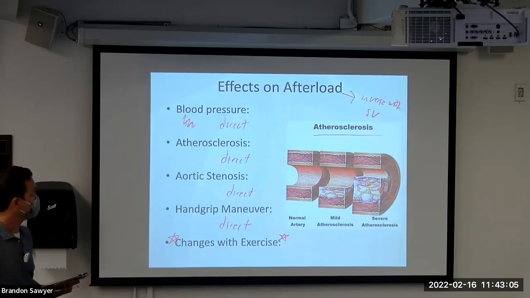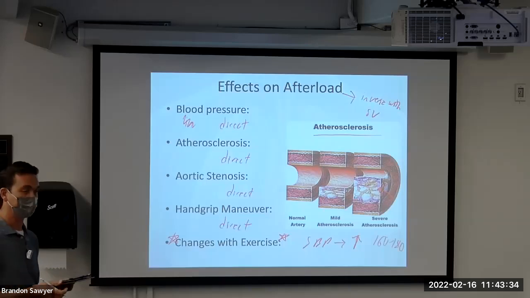Let's say somebody's blood pressure at rest is 120/80. What might be a typical blood pressure for somebody when they're exercising hard, running on the treadmill at 7 miles an hour or something like that? Would it be higher or lower? Higher, yeah, for sure. Typically systolic blood pressure is going to go way up. We might see something like 160, even up to 180 during intense exercise.